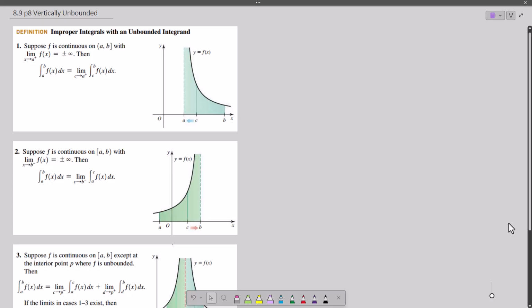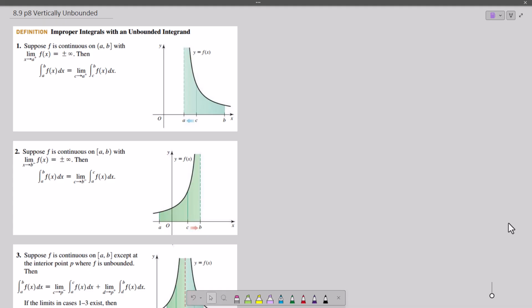Well, functions can be horizontally unbounded or vertically unbounded. Horizontally unbounded functions are obvious because you see infinity or negative infinity in your limits of integration. This is something that they mention in Calc 1, but they don't really drive home. This integral right here is an improper integral.